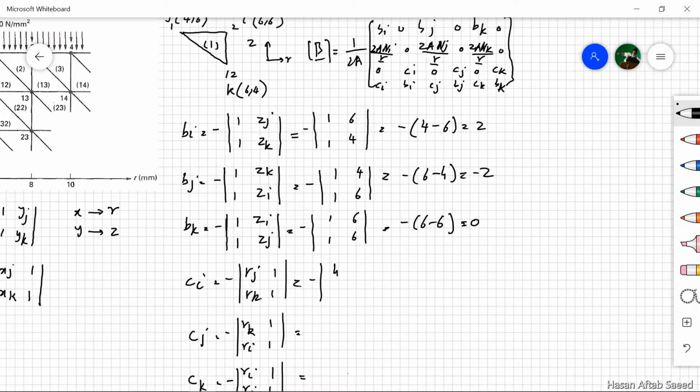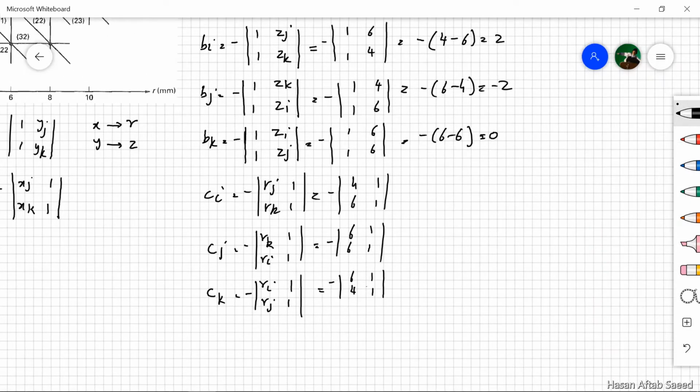Minus 4 6 1 1, here we have 6 6 1 1, and here for Ri and Rj we have 6 4 1 1. Let's calculate these. Minus 4 minus 6 equals 2, minus 6 equals 0, and here we have 6 minus 4 equal to minus 2. Again you add them together and you get 0. So it's a good start.